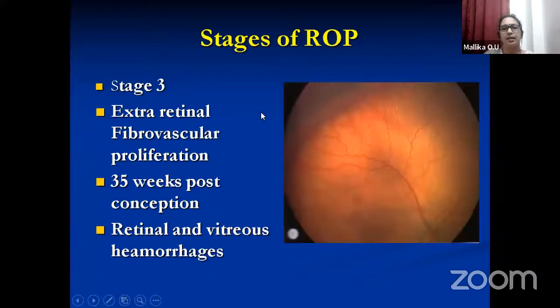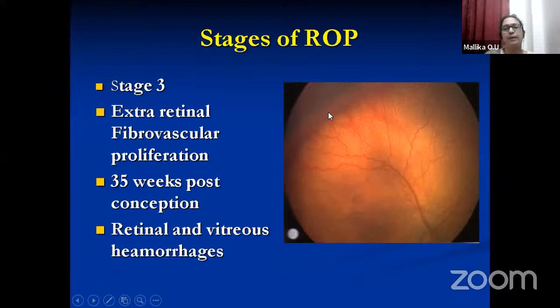And in the third stage, instead of the ridge, small blood vessels grow into the vitreous cavity. That is extraretinal fibrovascular tissue proliferation. This occurs almost 3 to 4 weeks after delivery.